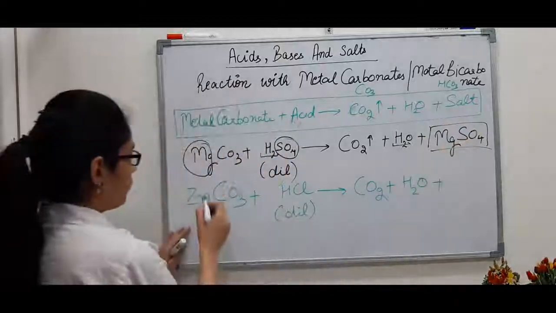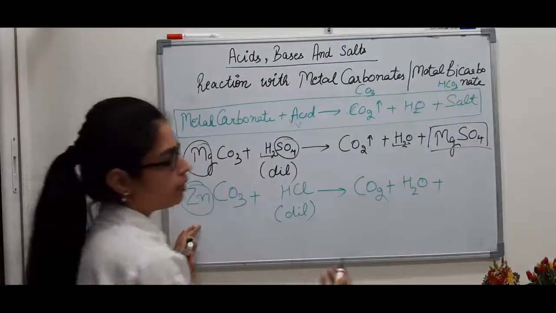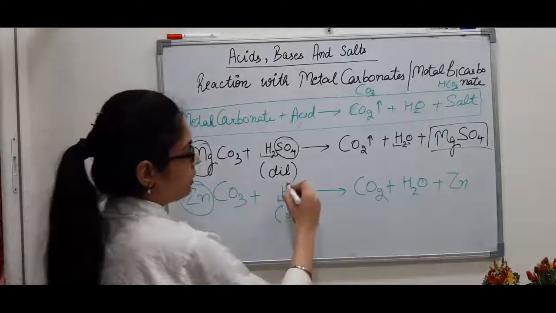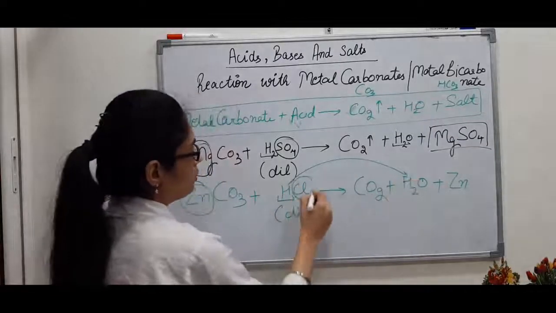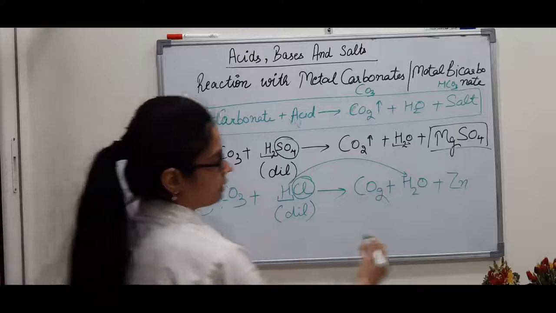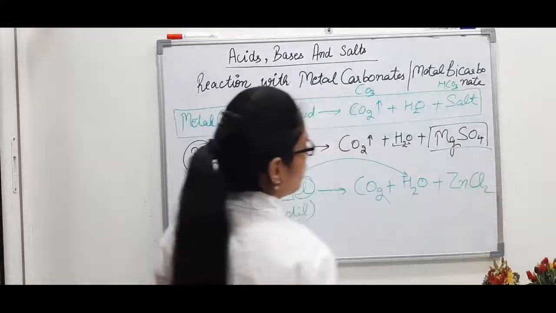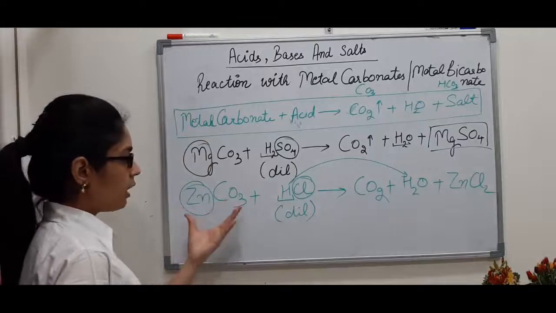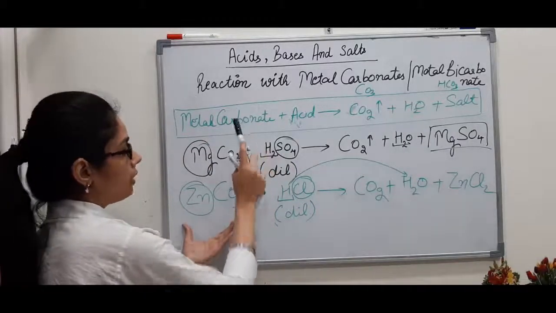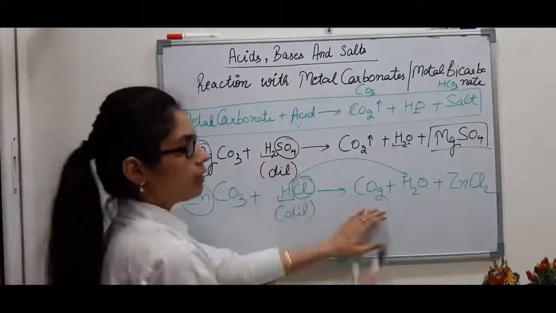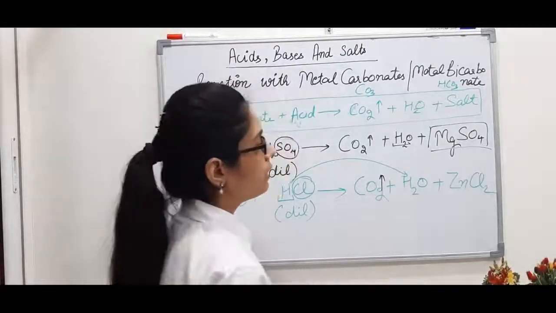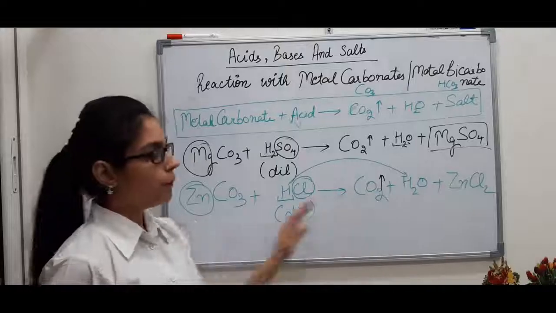So salt, same thing, we have to write down the metal which we have taken, and H is already utilized over here, and now Cl is the remaining part of the acid which we will write over here. So zinc chloride. See, I am reacting metal carbonate plus acid, it's giving carbon dioxide in gaseous state plus water plus salt of the metal.